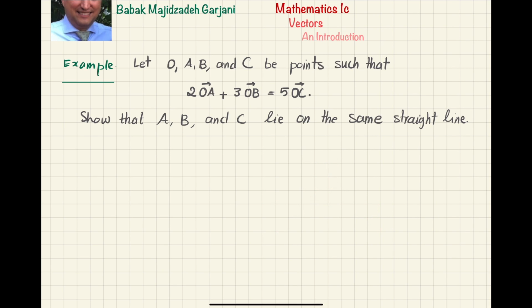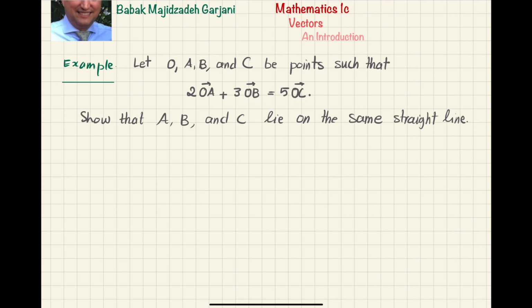If I give you only 2 points, nothing needed to be proven. 2 points always lie on the same line. But when it comes to 3 points, it might be true or might be false. This problem claims that if this relation is established between these 4 points, then it is guaranteed that point A, point B, and point C lie on the same straight line.